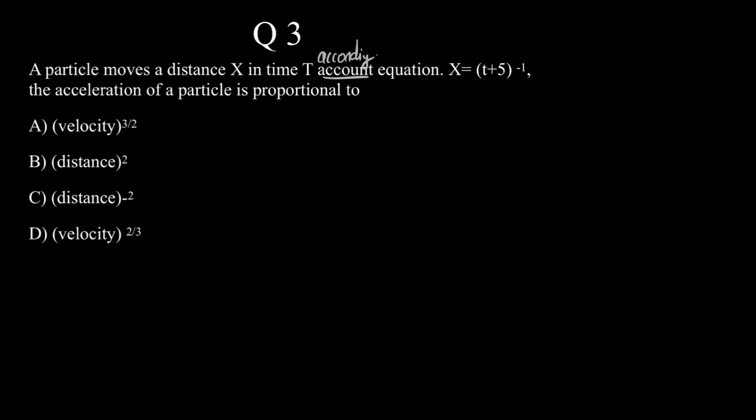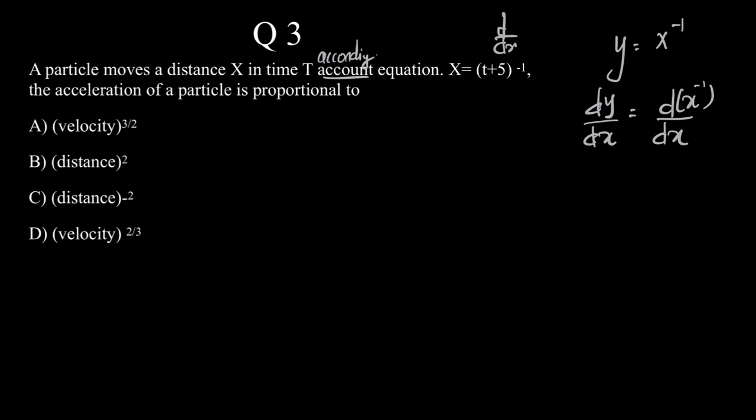So let's say y is equal to x raised to minus 1, in which case what is dy by dx? It will be equal to d by dx of x to the power minus 1. And we know that d by dx of x raised to n is equal to n into x raised to n minus 1.